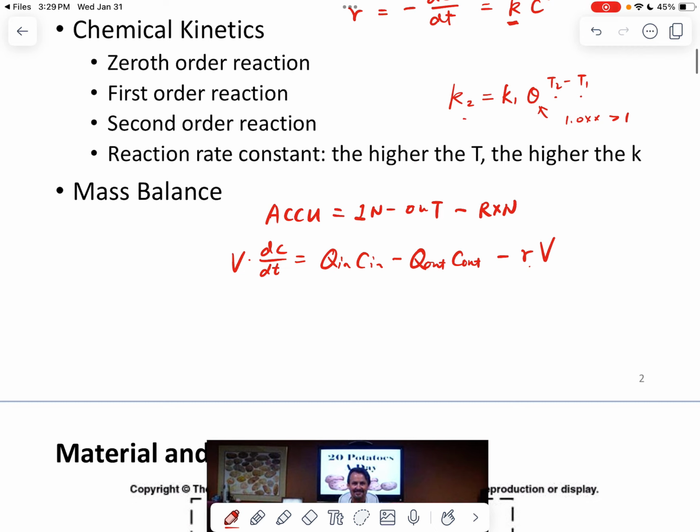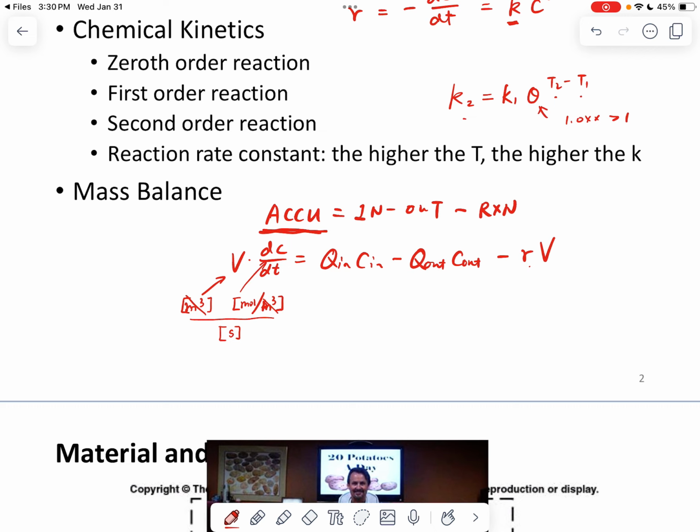So if we take a look at the units, V here carries a unit of meter cubed, and C is going to be mole per liter, or let's just use mole per meter cubed, and then you divide that by time, in seconds. So on the left-hand side, it's just going to be mole per second. This also makes sense because we're talking about the accumulation of mass, or of number, over time, so it's number per time.